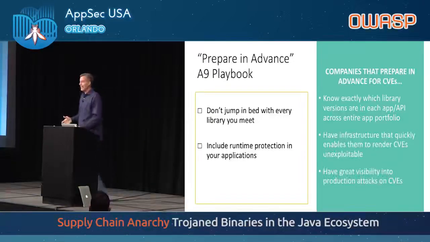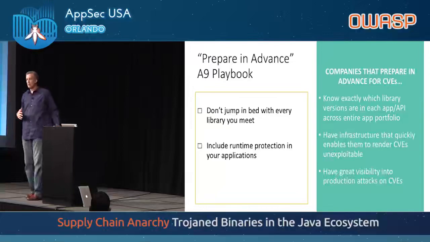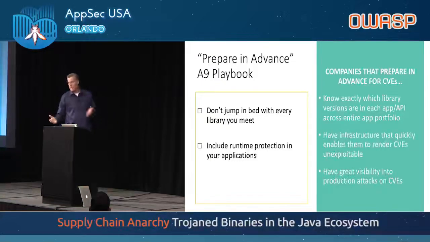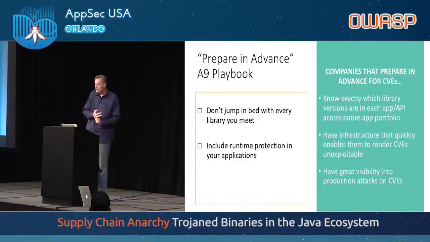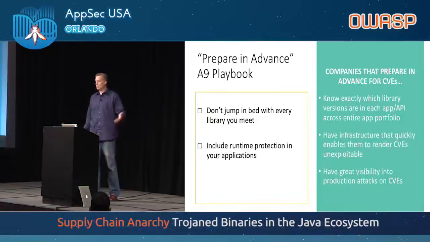That is not a complicated thing to do. Your applications can self-report what libraries they're using, and you can maintain a database so you know exactly what code is running on every machine that you've got out there, sort of a universal portfolio, so you don't have to go chasing around and scanning every app in your inventory every time a new vulnerability comes out.